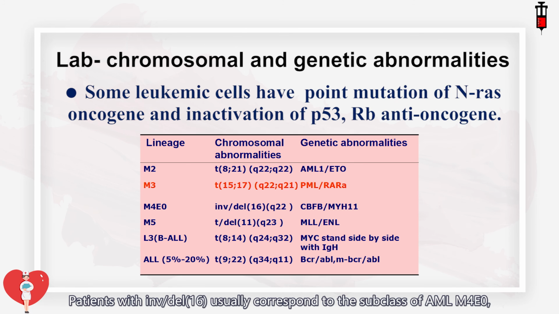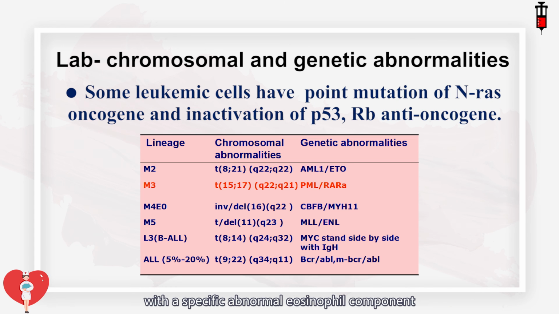Patients with an inversion or deletion of chromosome 16 usually correspond to the subclass of AML M4EO with specific abnormal eosinophil components and the CBF-beta-MYH11 fusion gene.